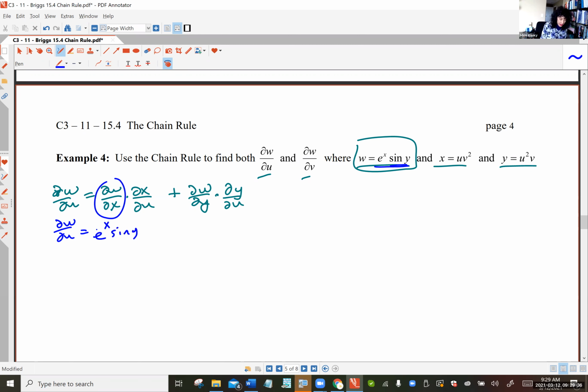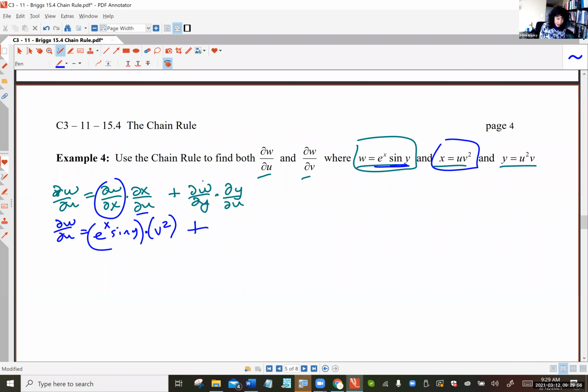That's nice. And you're going to multiply that with the dx du. So x is equal to u times v squared. You're going to take the partial of that with respect to u. So that means hold v constant, and I get v squared. That's the partial of x with respect to u.